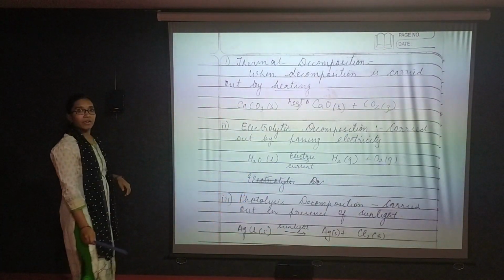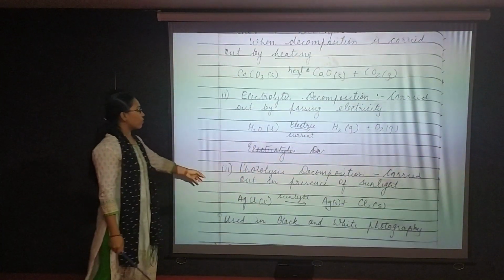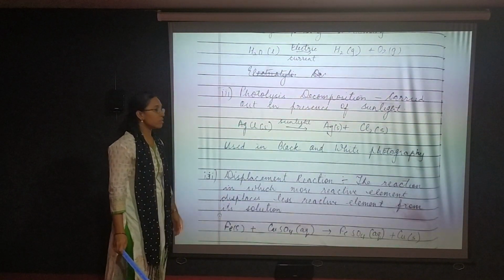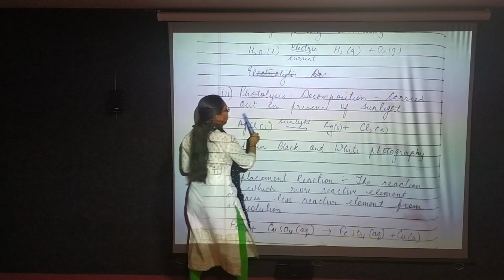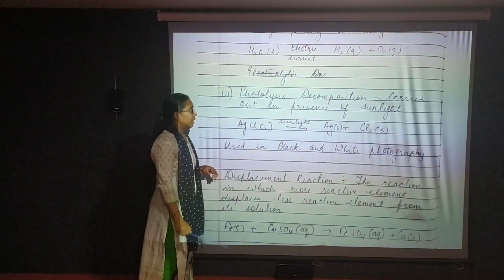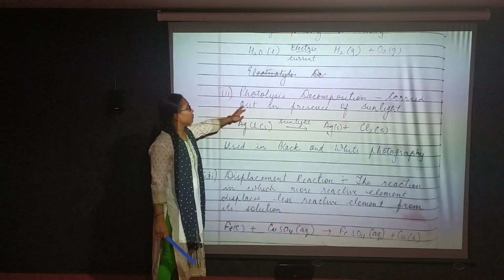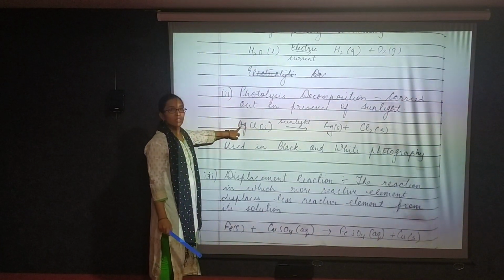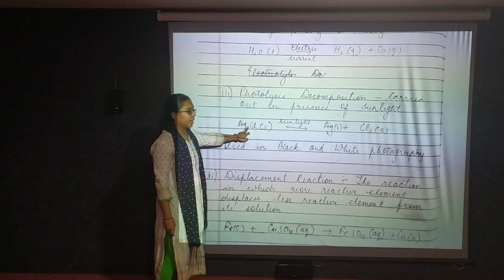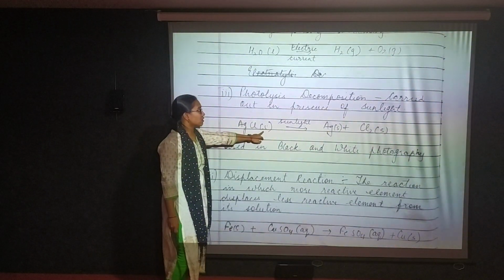Now the third kind of decomposition is photolysis decomposition. Photolysis, photo means light. So it is carried out in the presence of sunlight. The example of photolytic decomposition is AgCl. What is Ag? Silver. Cl, chloride. Silver chloride. It is in the solid form.